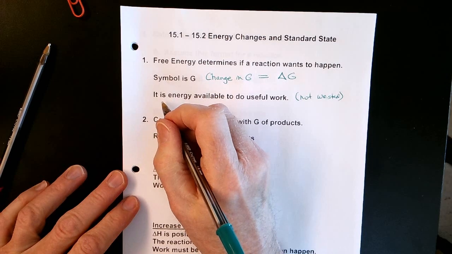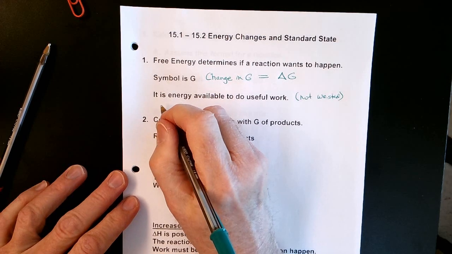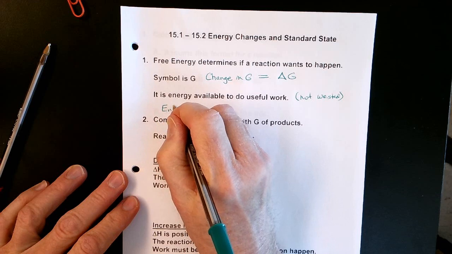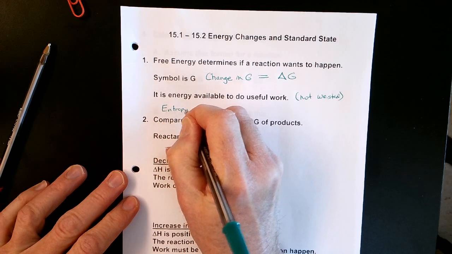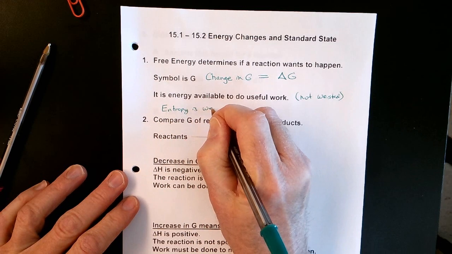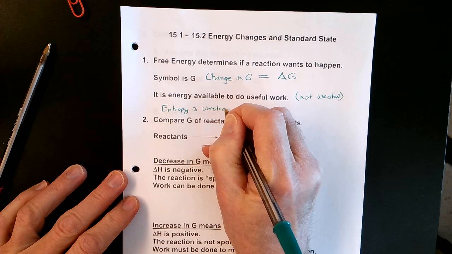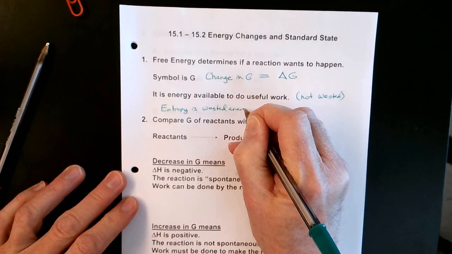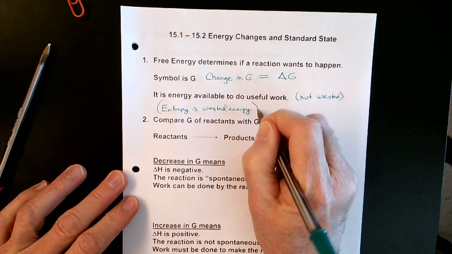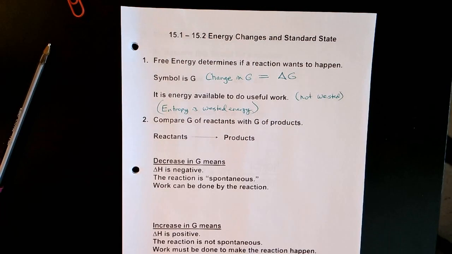You've heard of this term before, entropy, right? That's a waste. That is a total waste. Entropy is wasted energy. That won't be quizzed or anything, but you remember the symbol for that? S? We've seen that before.